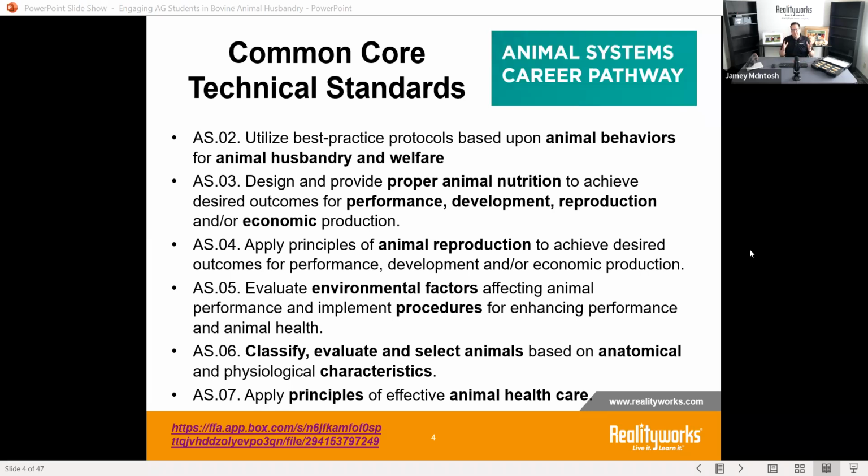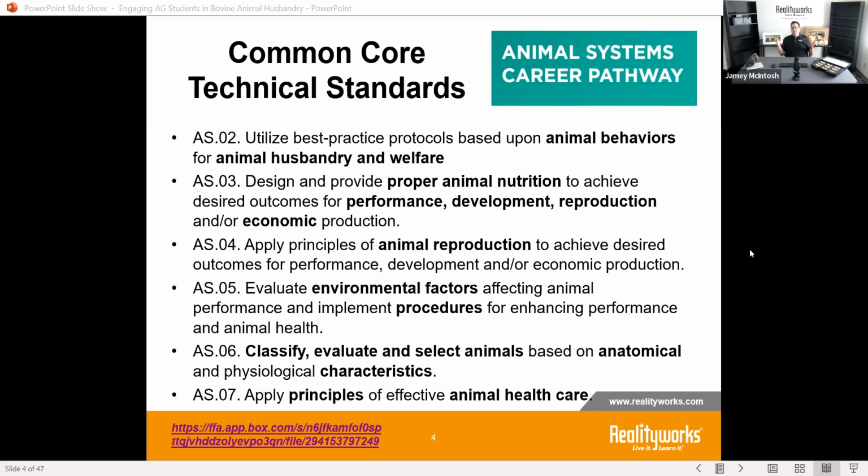I highlighted some of the big words, the places that really fit this world of standard-based learning. So things like animal welfare, animal husbandry, proper nutrition, animal nutrition, animal reproduction, classifying and selecting animals, the anatomical characteristics of that animal, and then animal health care.